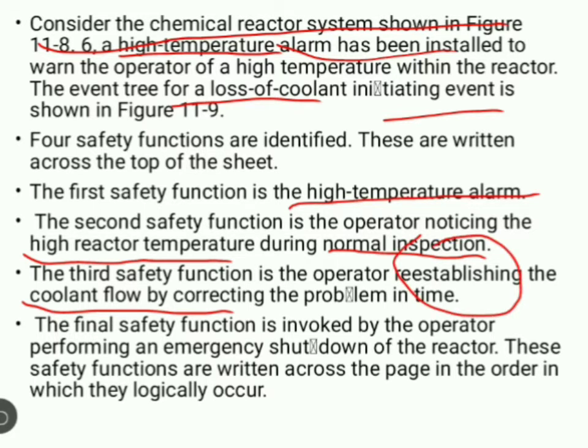The final safety function is that the operator will directly perform the emergency shutdown of the reactor. If he notices that the temperature has increased above a certain level, he will shut down the reactor. So these are the 4 safety functions given for that reactor.